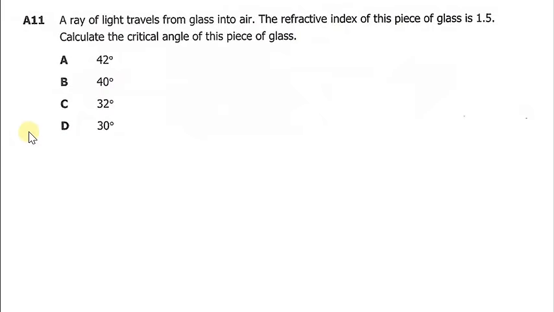Then we go to A11, which says: a ray of light travels from glass into air. The refractive index of this piece of glass is 1.5. Calculate the critical angle of this piece of glass. Critical angle is calculated using this formula, which says the refractive index n is equal to 1 over sine C, where C stands for critical angle.